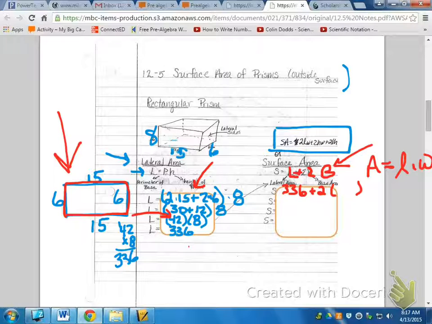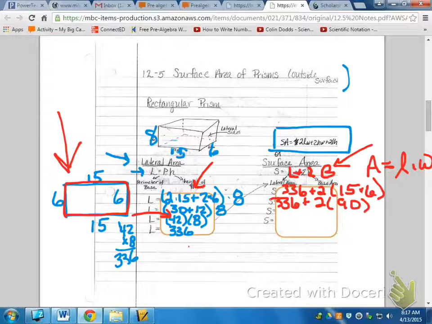I have to take length times width, so that means it's going to be 15 times 6. We plug that in. Now I'm going to do 336 plus 2 times 15 times 6, which is 90.